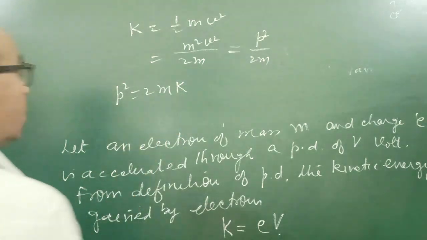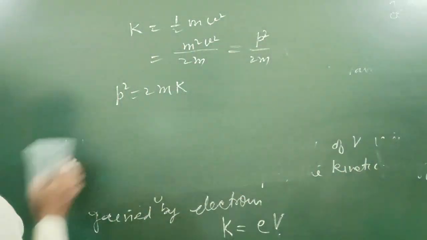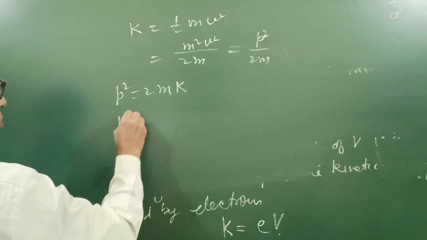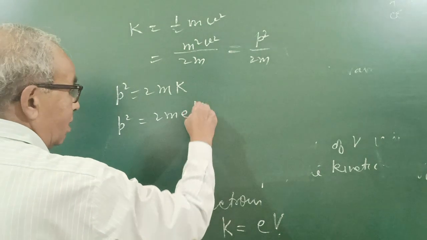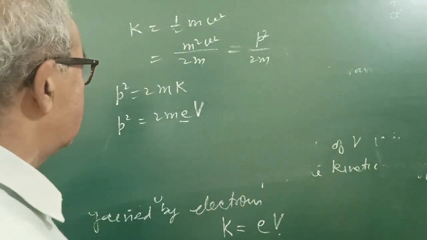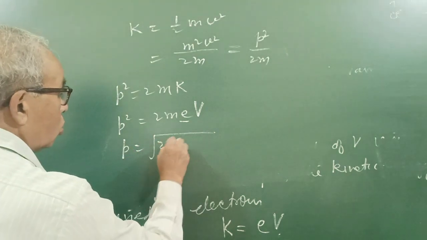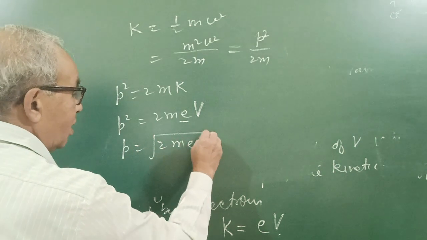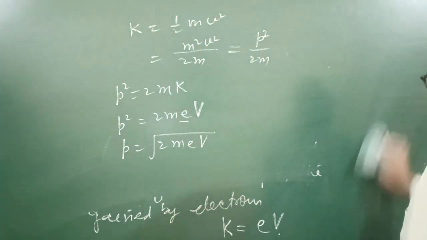K is the kinetic energy here, but K is equal to eV. So p square equals 2m into eV, where e is the charge of the electron and V the potential difference, or p equals under root 2meV.